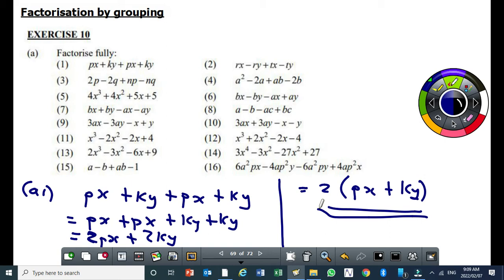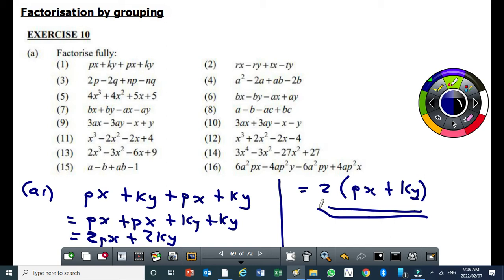Yes? So when you are factorizing the px and px, you're not supposed to write an exponent of 2 on x. We are adding here. If you are adding, the exponent doesn't change. The exponent only changes when you multiply the terms. Okay? We are adding here. So the exponent remains the same.